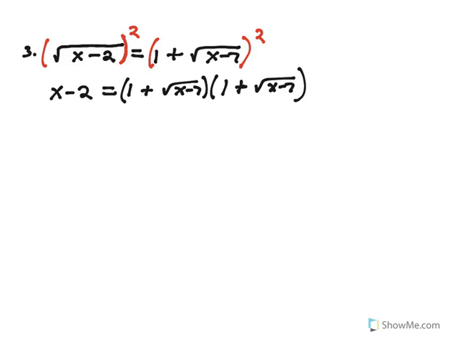Here's what will happen when we FOIL this out. All right, so we're going to do 1 times 1, which we all know is 1, plus, and then we do this 1 times square root of x minus 7, which is just radical x minus 7.